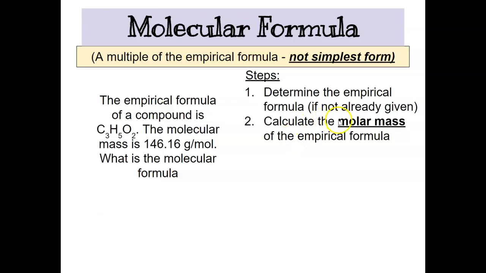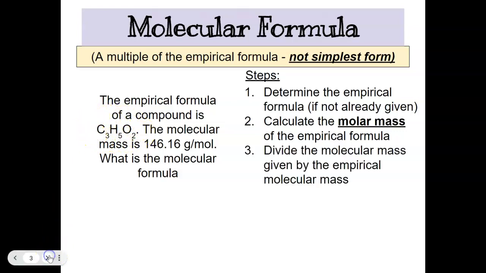Step 2, you'll have to calculate the molar mass of the empirical formula. Again, we're going to have to use our average atomic mass for each of these atoms in order to calculate the entire molar mass. And then you're going to divide the molecular mass given by the empirical molecular mass. That means you're going to take the molar mass of the molecular formula and divide it by the molar mass of the empirical formula.